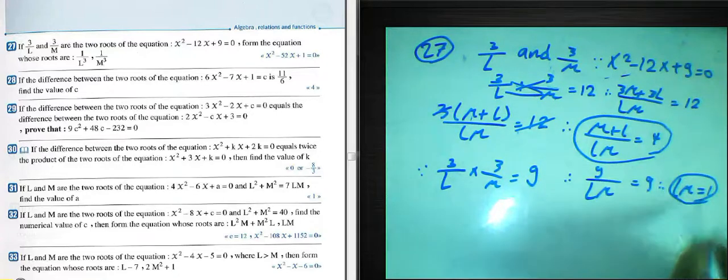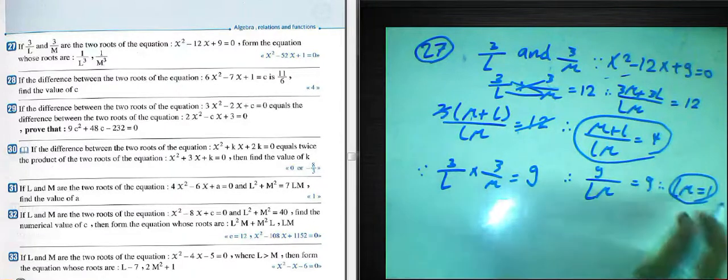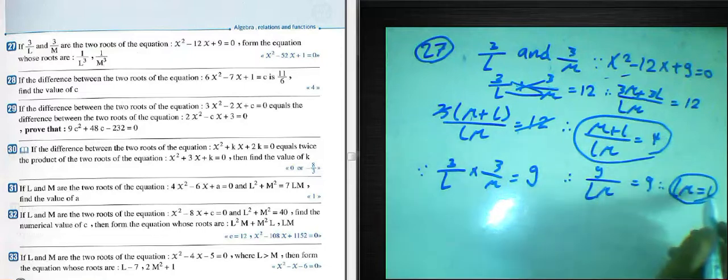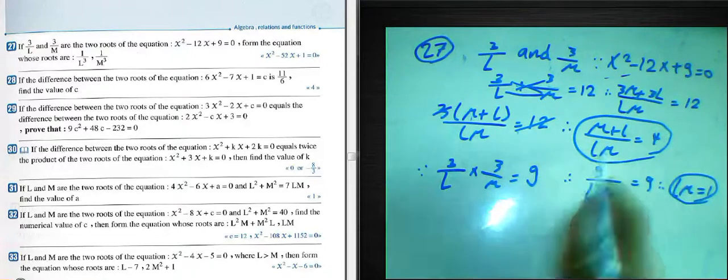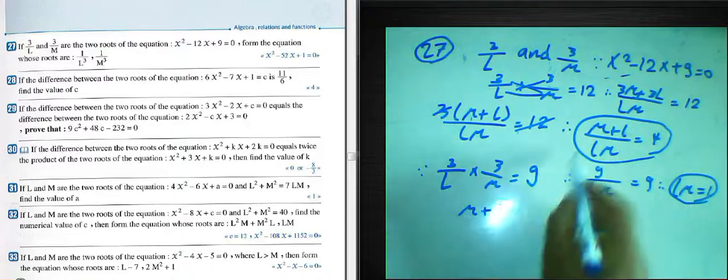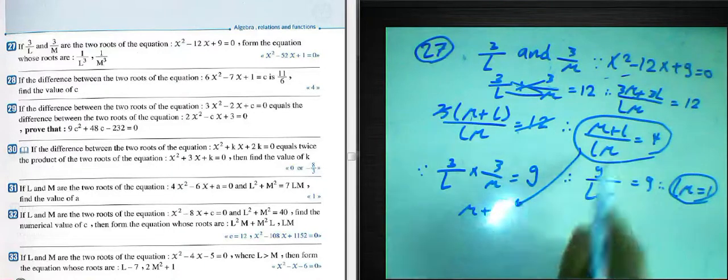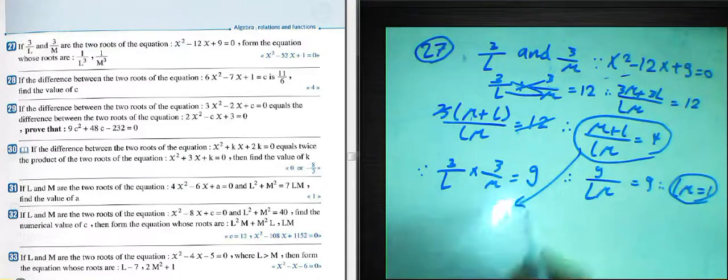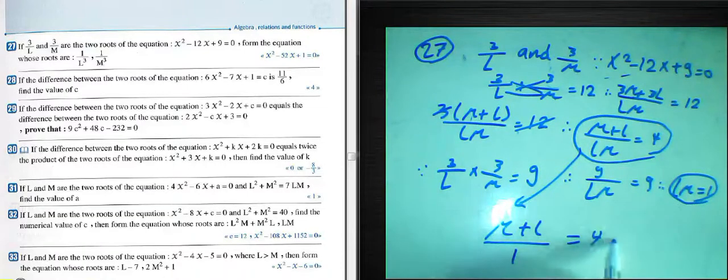LM equal 1, and we can write it here. Let LM be 1, so in this equation, M plus L over 1 equal 4. So M plus L will be 4.